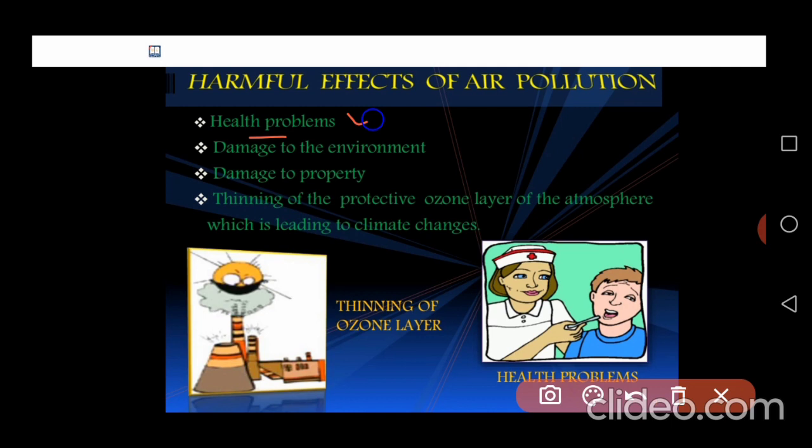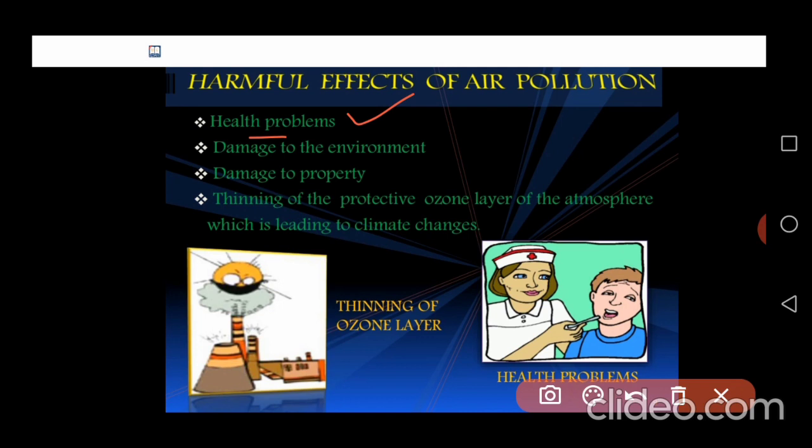Because of air pollution, the percentage of oxygen also decreases. Finally, we breathe polluted air, which directly affects our health. It creates very dangerous diseases in our body, for example, asthma.